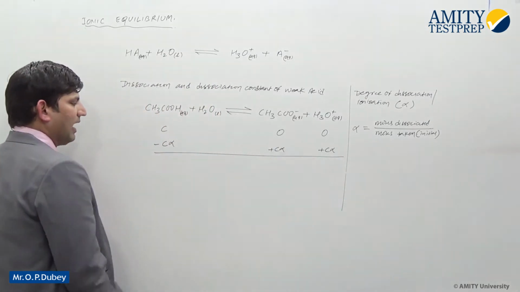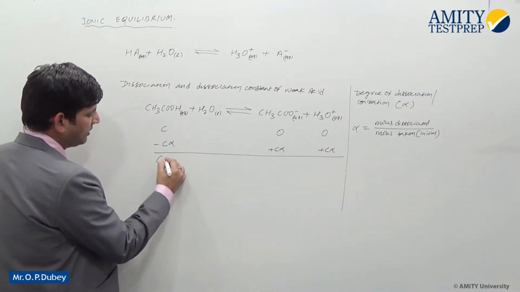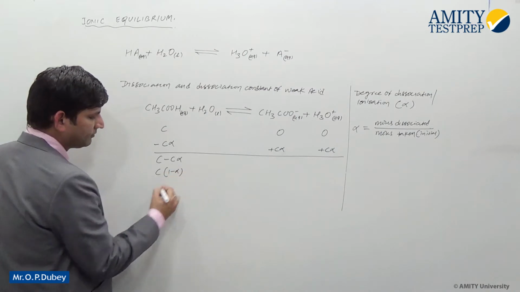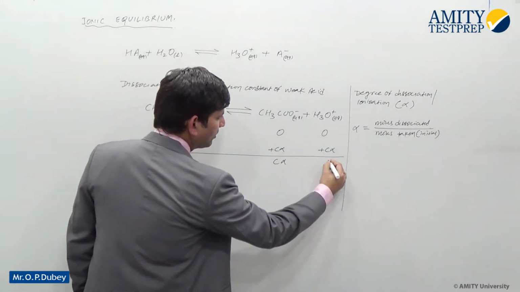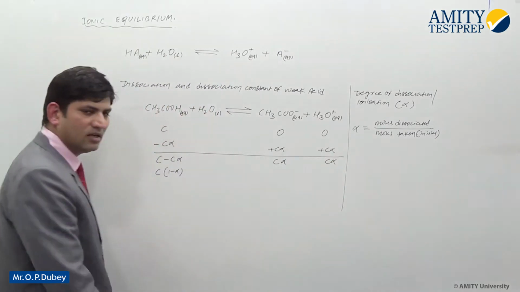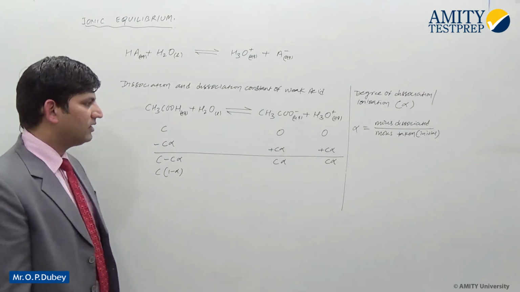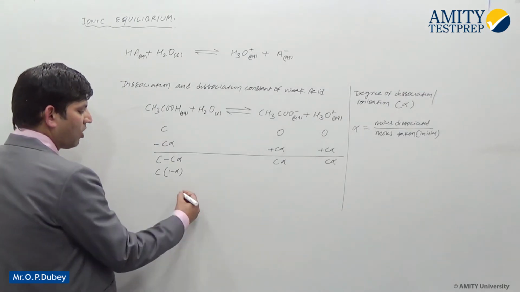At equilibrium, the concentration of the weak acid is C minus C alpha, that is C(1 minus alpha), the concentration of acetate ion is C alpha, and the concentration of H3O positive is C alpha.